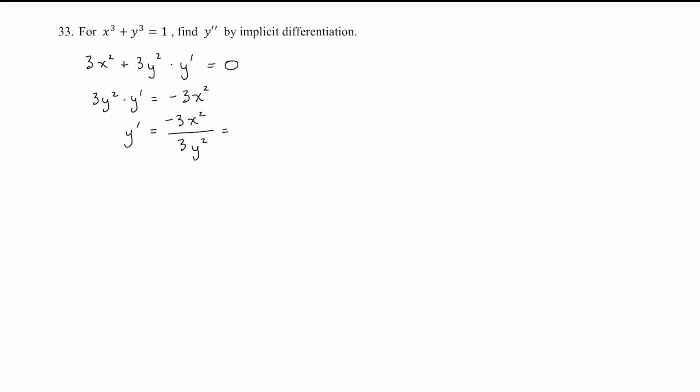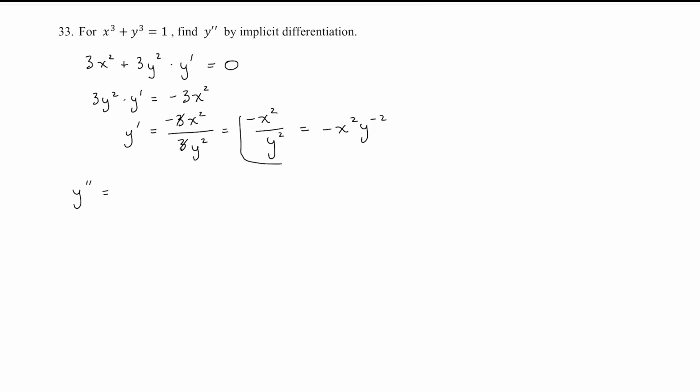As we've seen in other examples where you have to find a second derivative, it's in your best interest to simplify as much as possible. Now, we can write this as negative x squared over y squared, or as negative x squared times y to the negative 2. Six of one, half a dozen of another, it doesn't really matter.